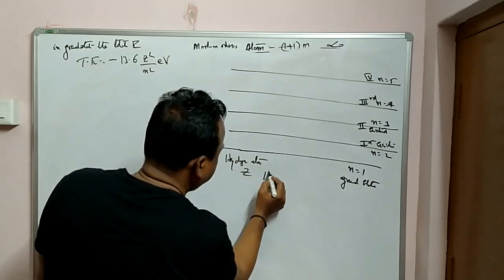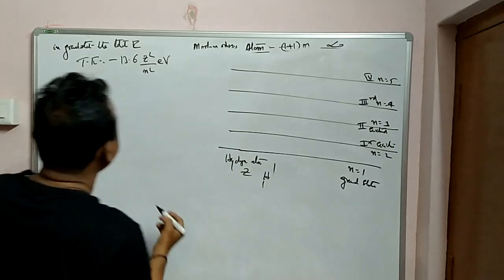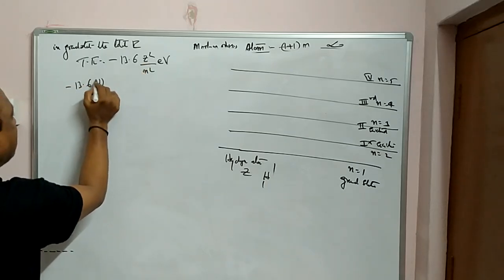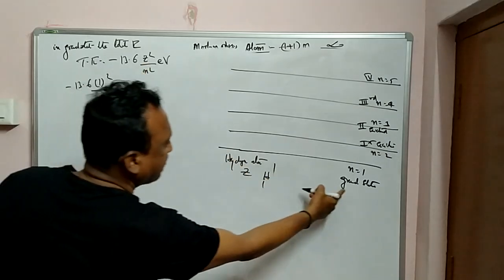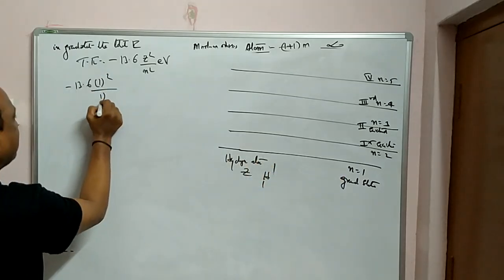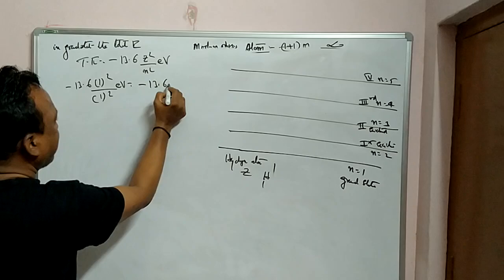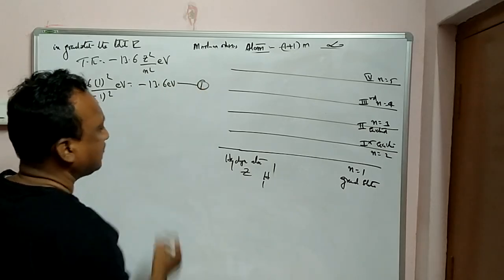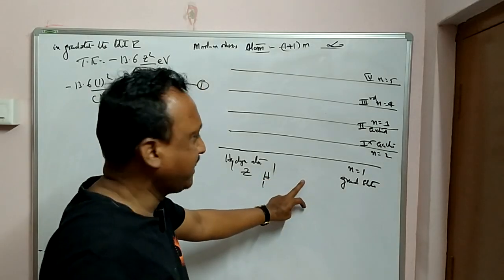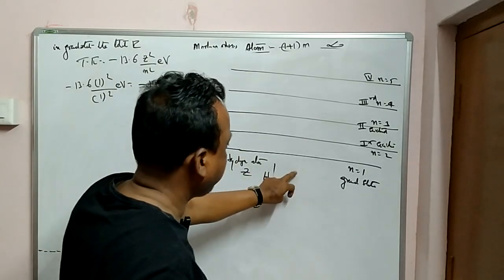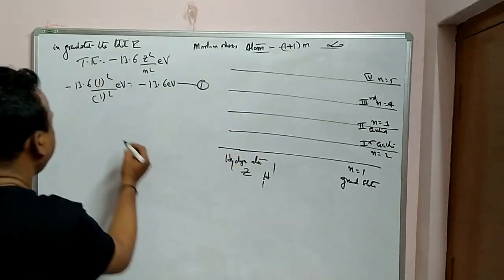What is the atomic number? 1H1, so Z is equal to 1. So minus 13.6 times 1 square by n square. In the ground state, n is equal to 1. That is equal to minus 13.6 eV. So for a hydrogen atom in the ground state, the total energy is minus 13.6. Let us go to the first excited state.